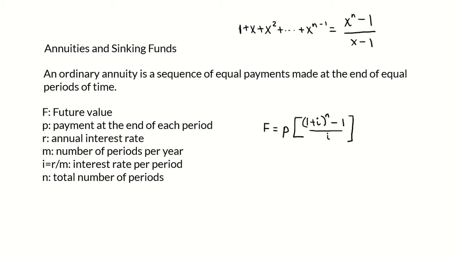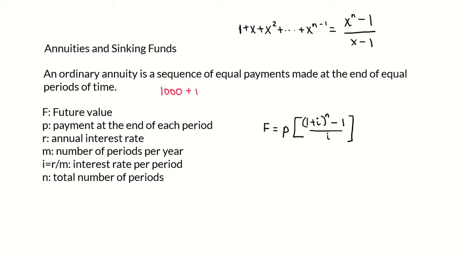So let's say we deposit $1,000 at the end of each year, and we have the account open for 5 years. Well, the most recent deposit of $1,000 wouldn't earn any interest.